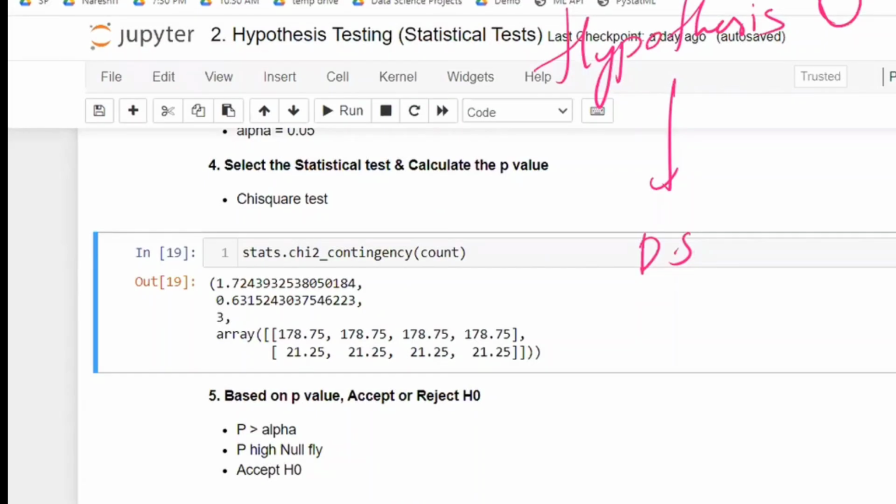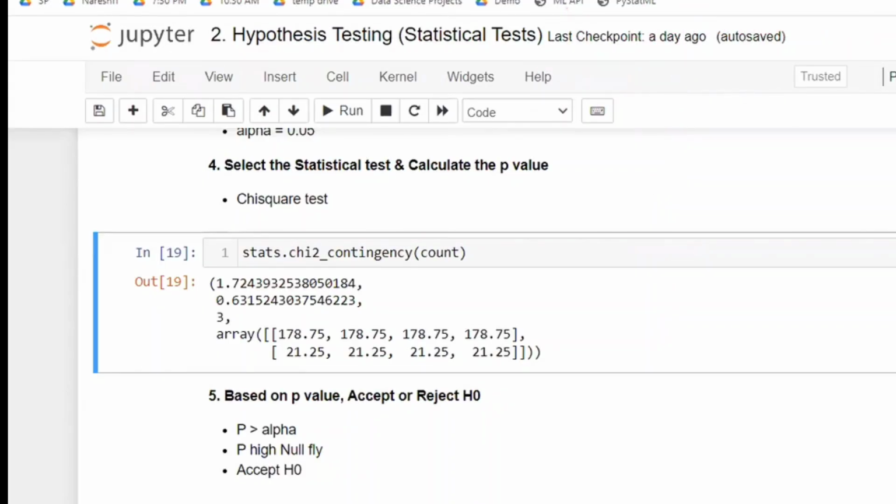This is the data analyst role, not the data scientist role. In machine learning, only some basic part, just 5%, I am going to use. That too, the one sample Z test. That is the reason I have explained the one sample Z test very clearly. The remaining things I have explained with the coding part. This only I am going to use as a data scientist. Remaining everything is the data analyst role.